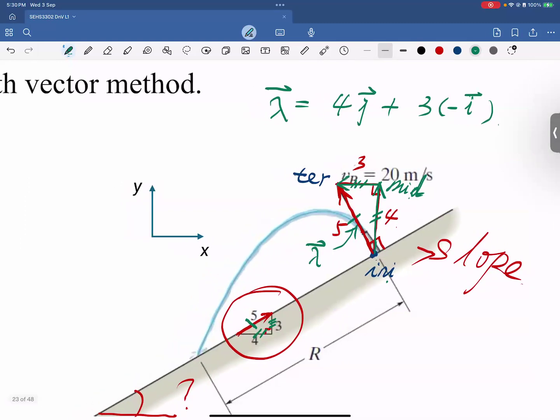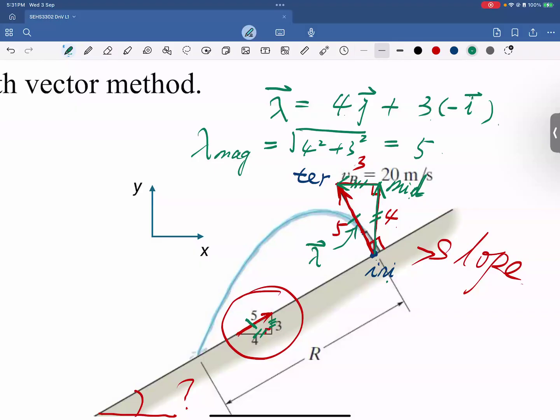So this is lambda. And once we got this value, what do we want? A unit vector. We know the magnitude of lambda is 5, right? You can verify: 4 squared plus 3 squared and the square root must be 5.